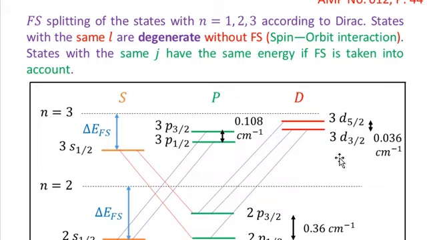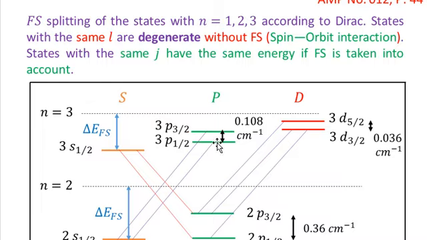And for the d terms, you have again d5/2 and d3/2, and the energy gap between them is 0.036 centimeter inverse. And again, in this case, you will notice that the level d3/2 is at the same energy level as the level p3/2.